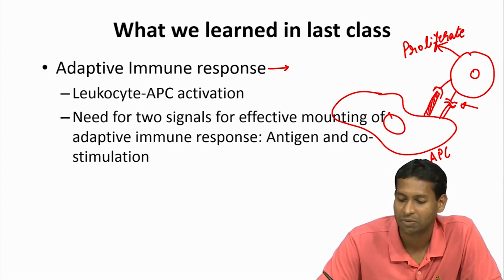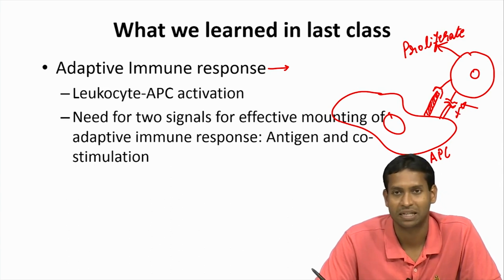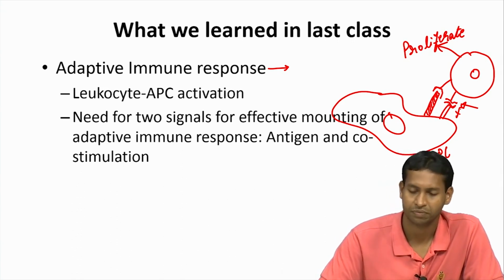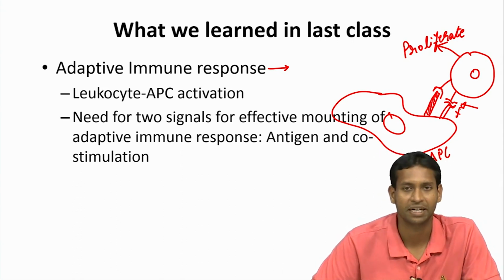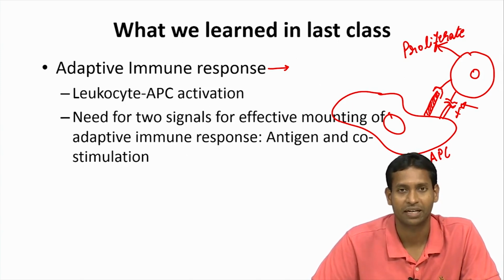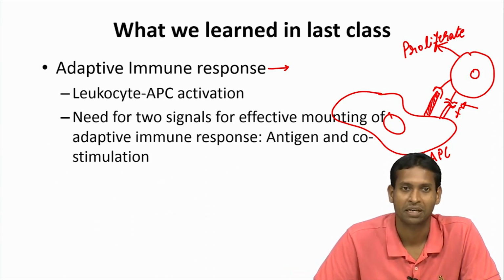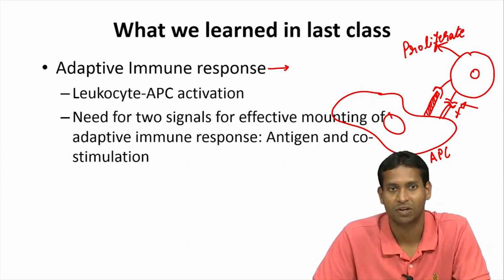And if there is only the co-stimulatory molecule and no antigen, then it is a normal scenario and nothing really happens in terms of adaptive immune response. This is a check that the body has put in to ensure that the immune system is not going haywire for things that may not be pathogenic, or starting to kill its own cells. All of those checks and balances have been put in through millions of years of evolution.